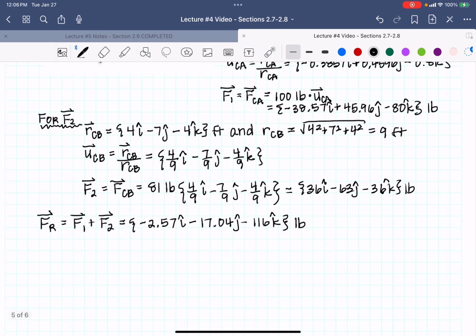So it didn't ask me for the vector though. It asked me for the magnitude and the direction angles. So that's the resultant force vector. To find the magnitude, I use the Pythagorean theorem.